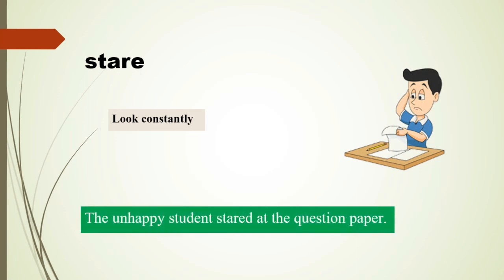We can use it in a sentence like: the unhappy student stared at the question paper. That means the child doesn't know how to write the answers, so the child constantly looks at the paper.